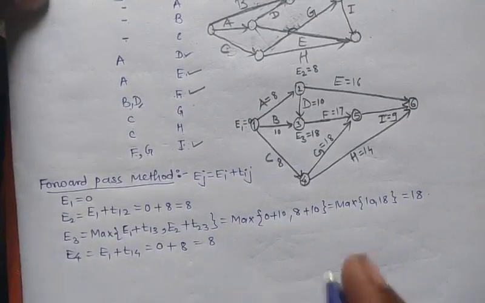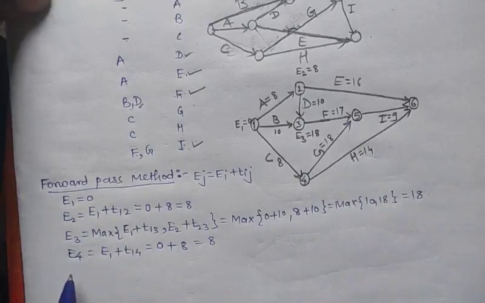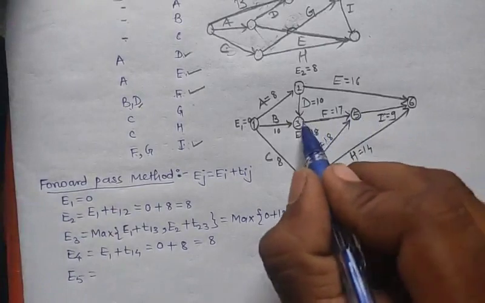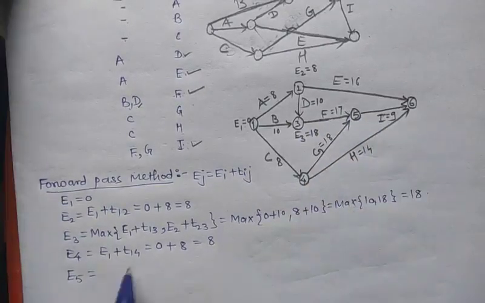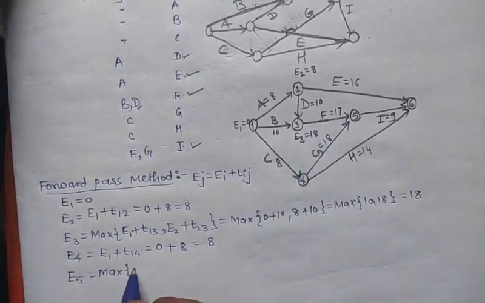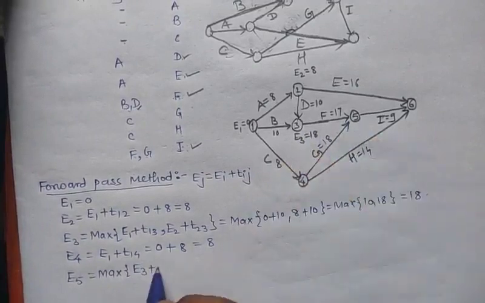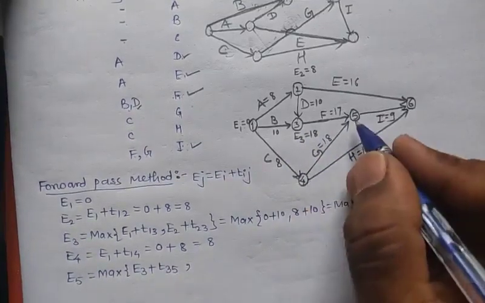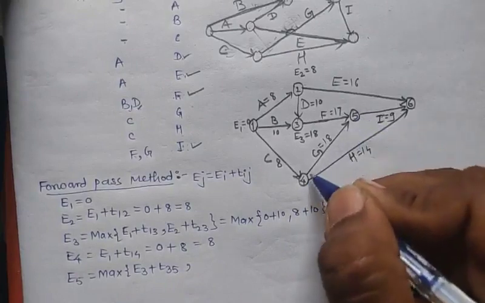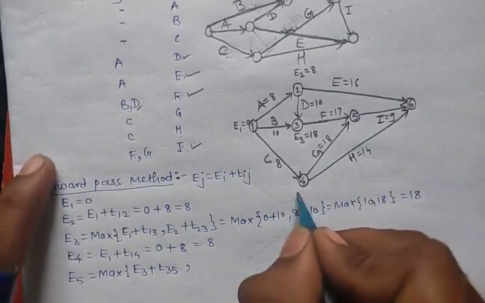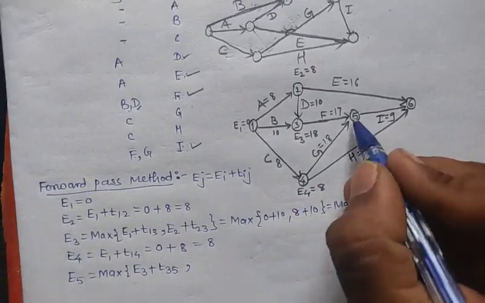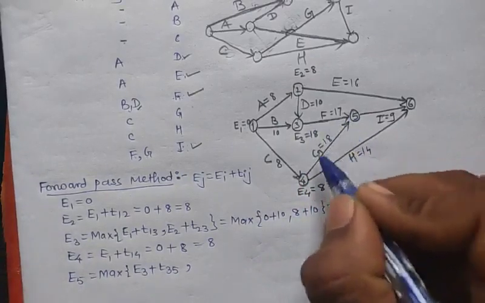Now next to calculate E5. How to calculate E5? E5 has incoming arrows from E3 and E4.